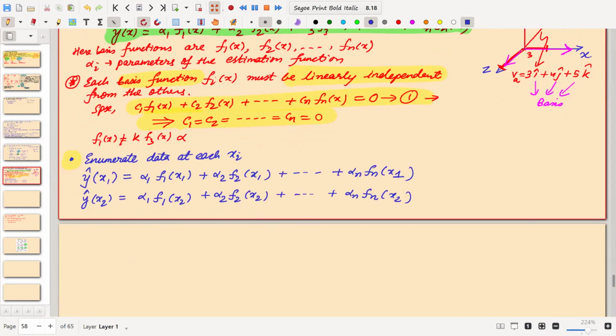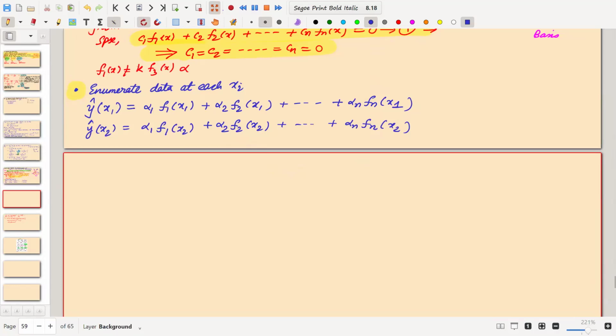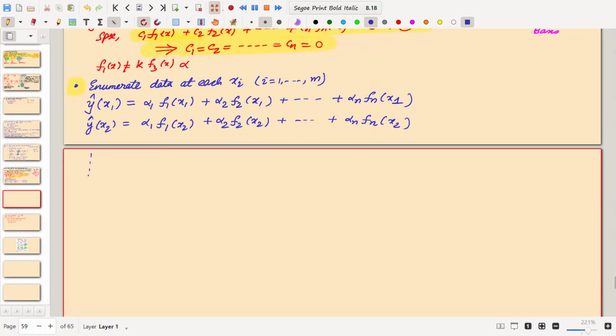So like that, how many data points do we have? Suppose we have m data points, and how many basis functions do we have? n basis functions. So we have m data points and we have n basis functions.